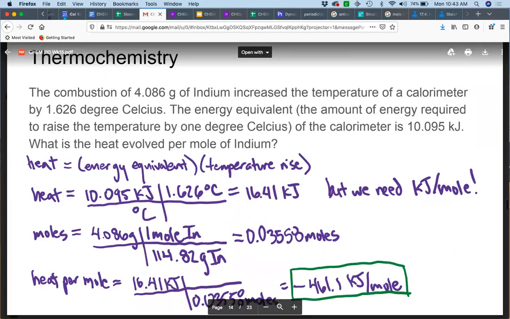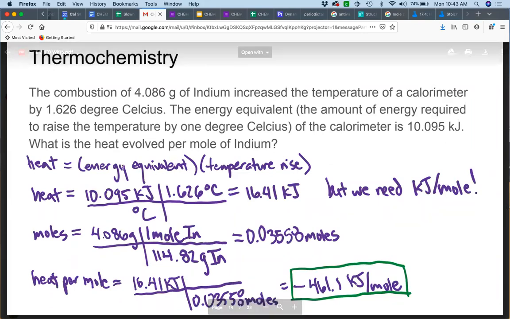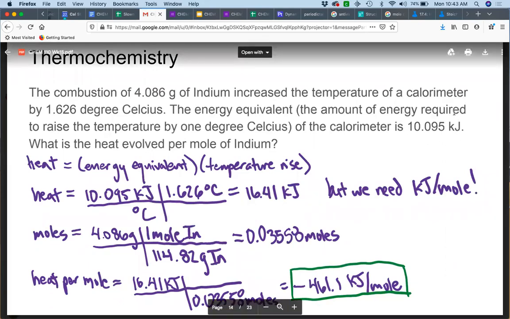From the problem, we know that heat is an energy equivalent, some amount of energy that we've been given in the problem, multiplied by our change in temperature. So if I think about that, I'm given my energy equivalent, that's my 10.095 kilojoules. I know that it's my energy equivalent because of the units, kilojoules.